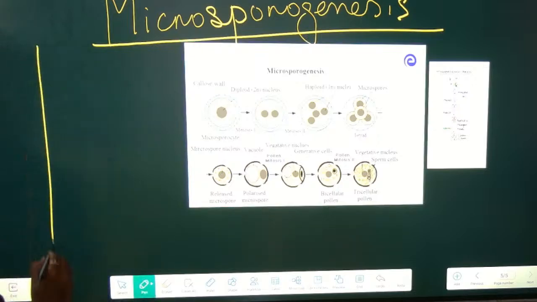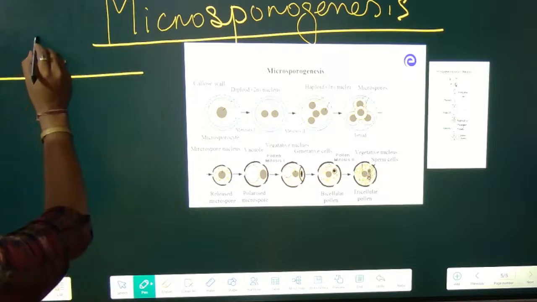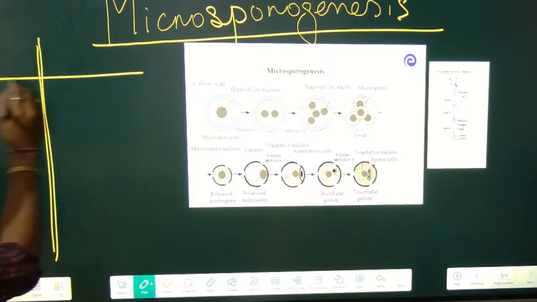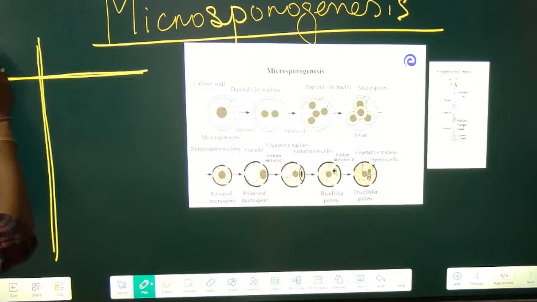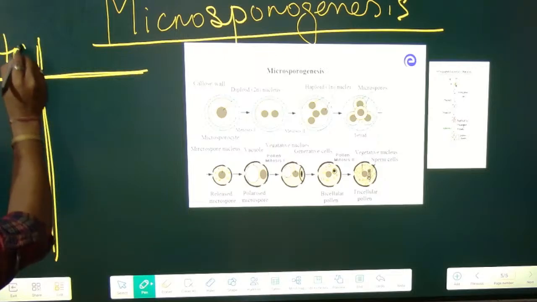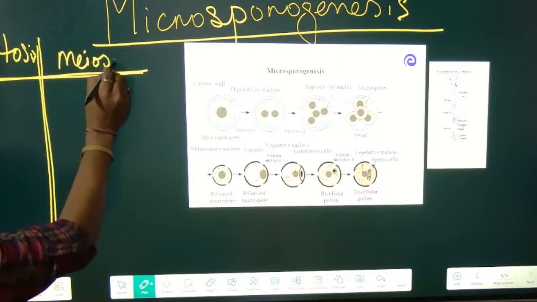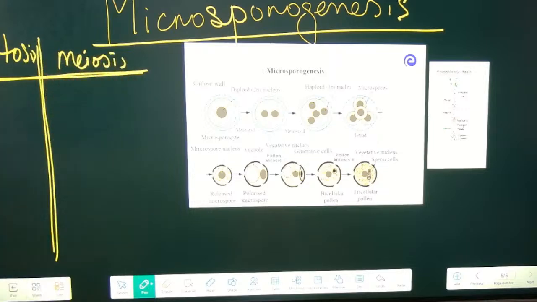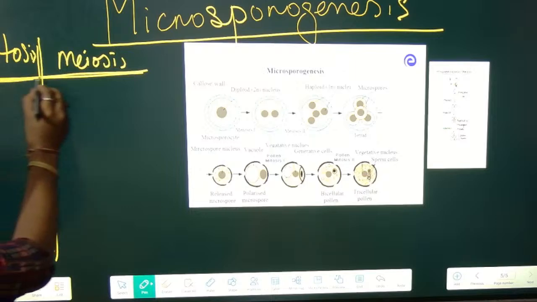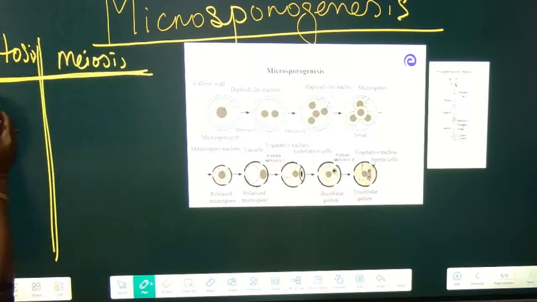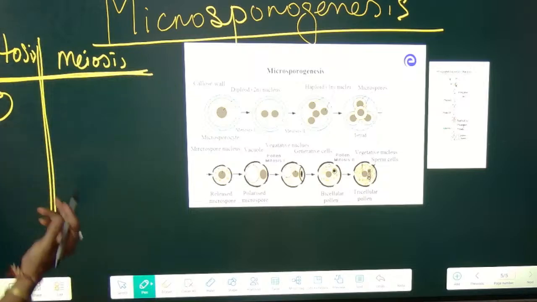So let's make the idea completely crystal clear. First of all, mitosis and meiosis. Mitosis is a process where a cell containing, remember one thing, a cell containing a constant number of chromosomes.